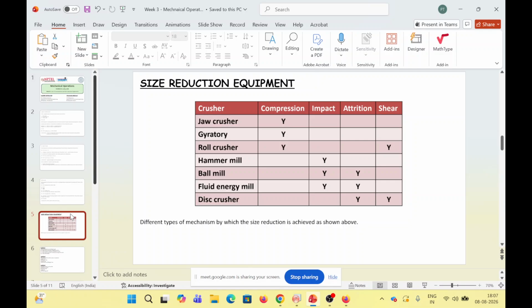You have a rotating cylinder, you have the grinding media, you feed in the material, and then you rotate it. Based on the action of the grinding media over the particle, the particles split into different sizes.